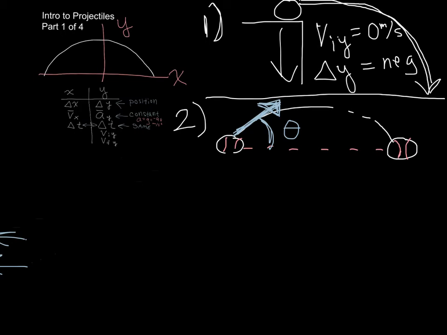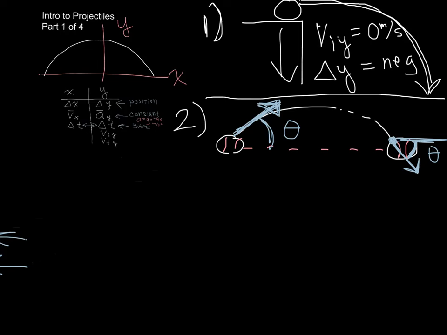And then when it gets back down to here, very similarly to when we talked about tossing an object straight up in the air and catching it at the same height you launched it at, it's going to have the same speed but opposite direction. That's the exact same thing that's happening here. So the angle that it will make when it's coming back down will be the same as the angle that we had over here, and this velocity in the vertical direction is going to be equal and opposite to what we have over here.